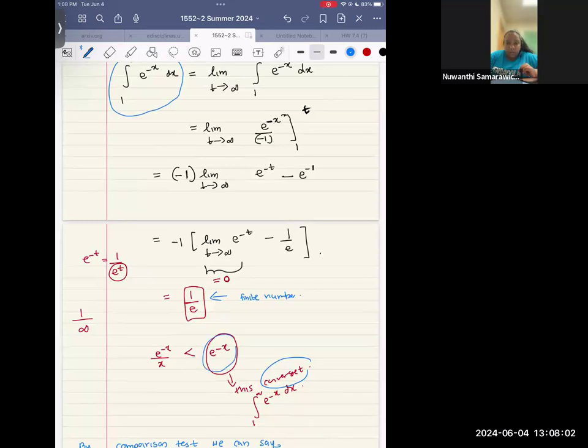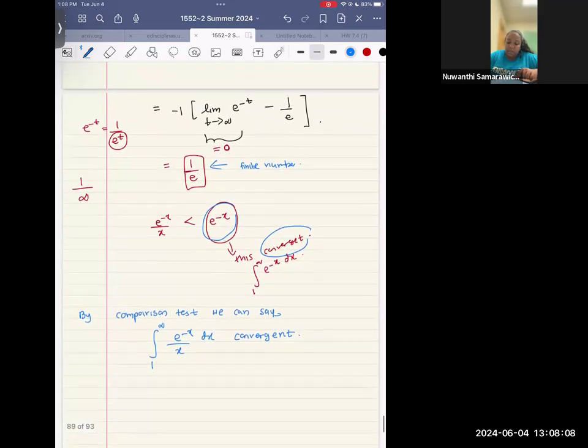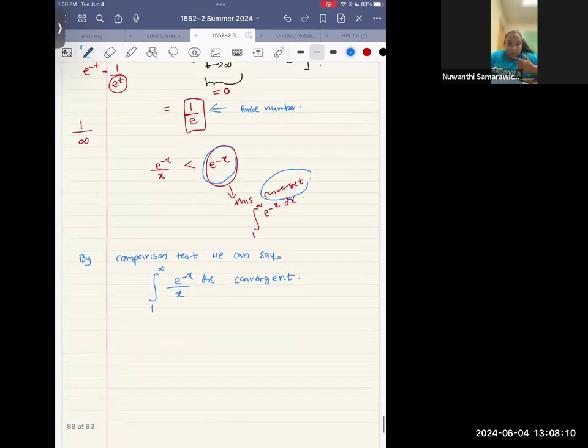Okay, could we have determined that from the p-series? We cannot use the p-series, right? Because the idea of the p-series is that the function should look like 1 over x to the power p.